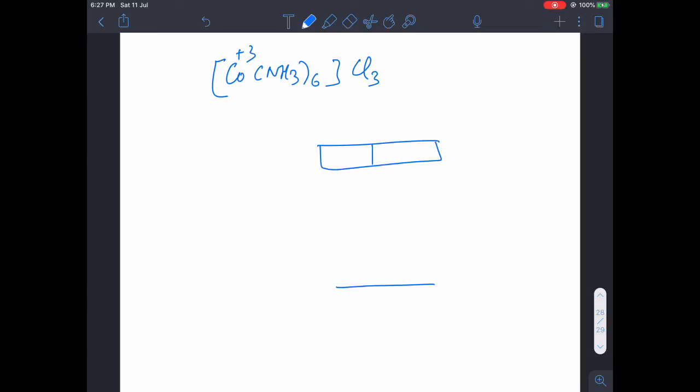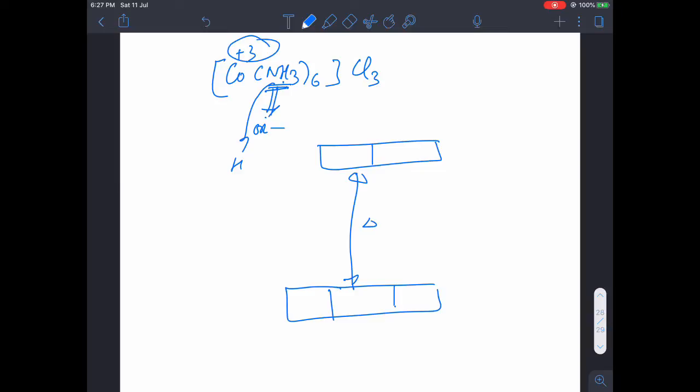And if the splitting energy increases, it will force pairing. Not only with ammonia, even if oxalate is there, then also pairing will happen. Even if water is there, pairing will be there, because the charge increases delta.